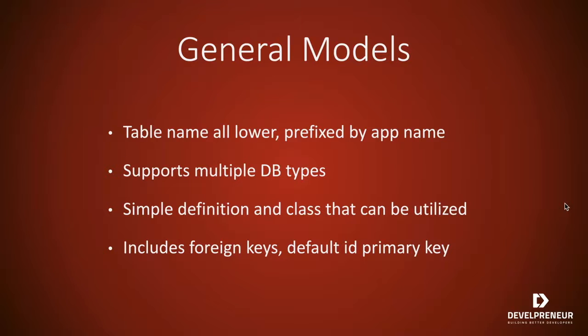And that is going to translate to it creating a table name, all lowercase, and it's going to prefix the table name with your app name. So with Django, you could actually create multiple apps. Usually I'm going to do a single app.